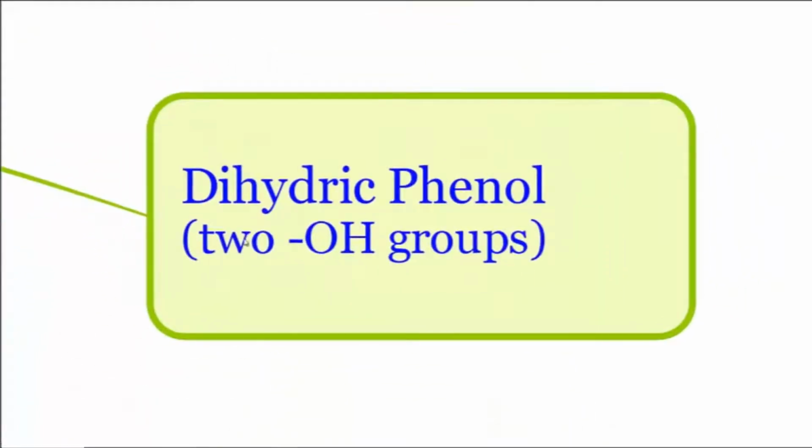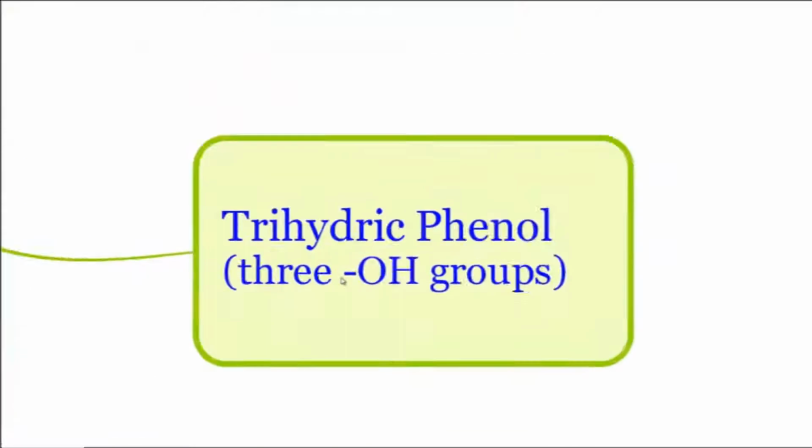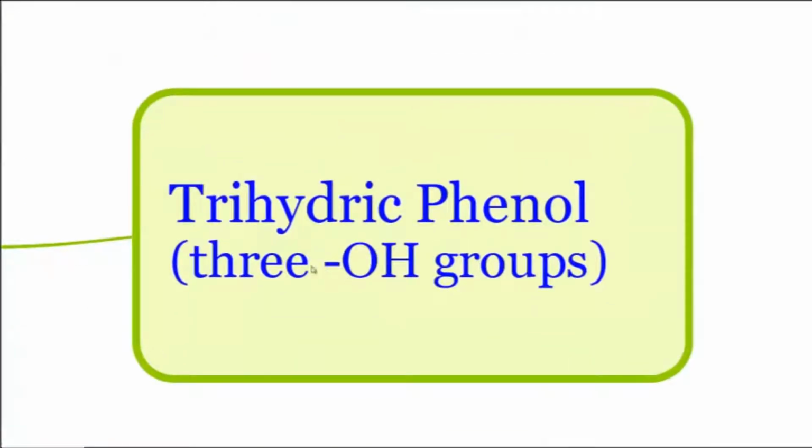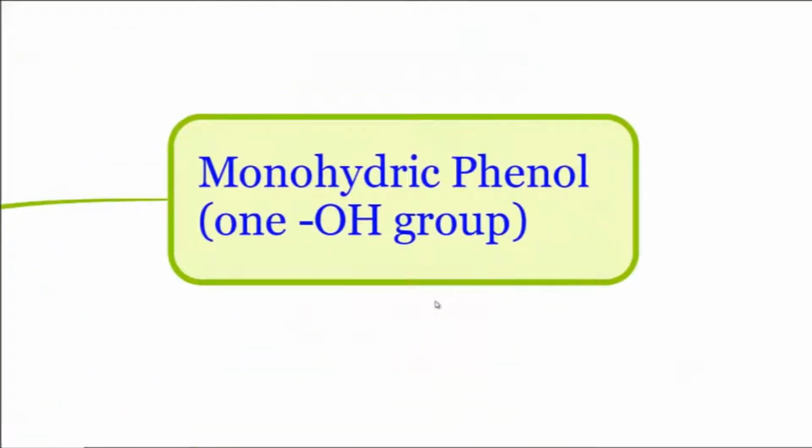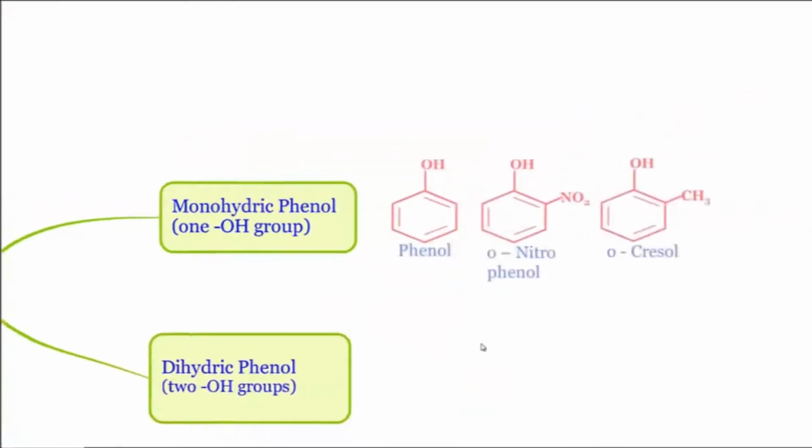The second one, dihydric phenol. They contain 2 OH groups in their molecule. Trihydric phenol, and they are made up of 3 OH groups in their molecule. Now let's look into some of the examples of monohydric phenol. Means they will all contain one OH group in their molecule.